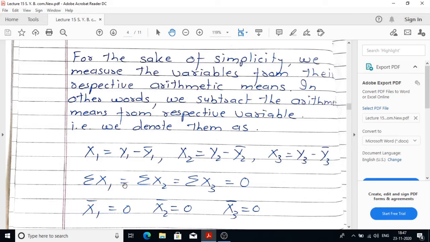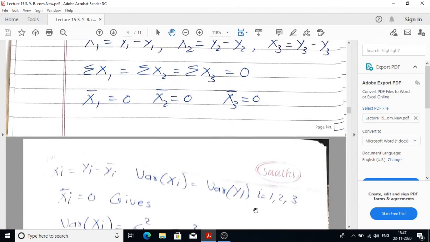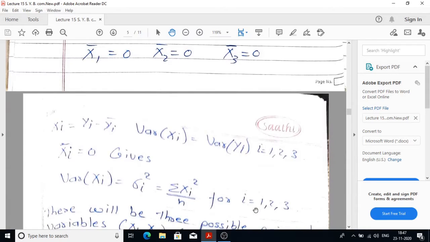Summation of x1 = summation of x2 = summation of x3 = 0. This is the property of arithmetic mean. Therefore, x1 bar = 0, x2 bar = 0, and x3 bar = 0. So xi is nothing but yi minus yi bar. Variance of xi is nothing but variance of yi.